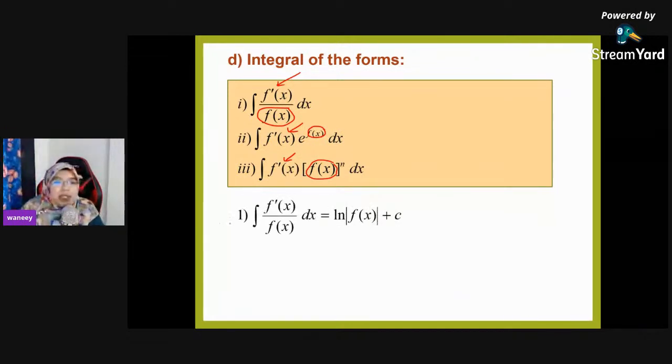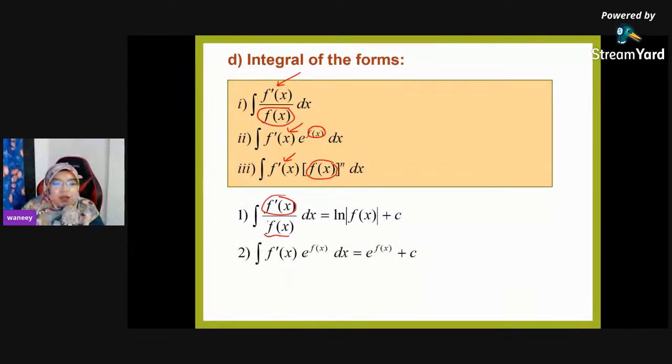Okay, so what happens if you have f prime of x over f of x? When you refer to your denominator, and suddenly, that aha moment, you can easily find your derivative on the top, then it becomes ln of f of x plus c. If you have e to the power of f of x, you differentiate your power and again, that aha moment, you get your derivative.